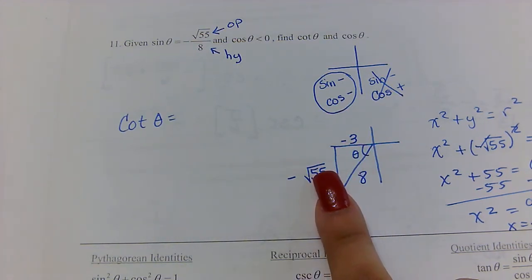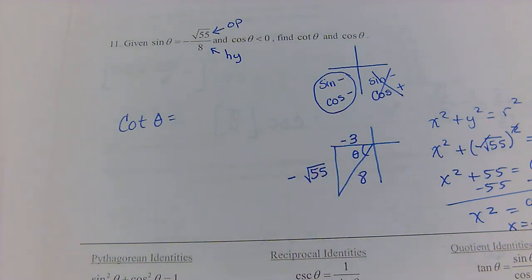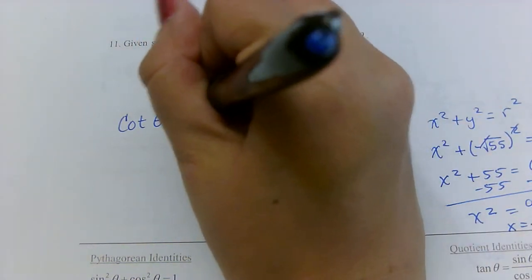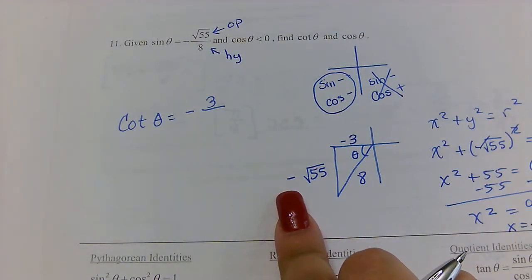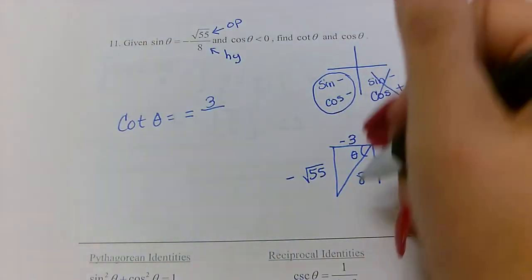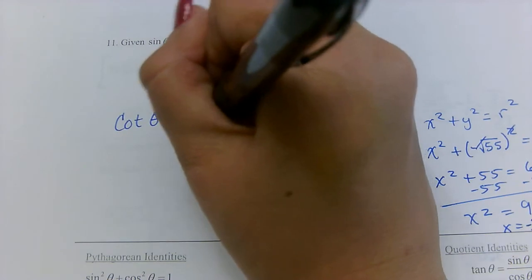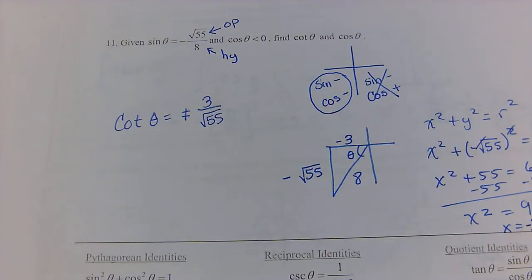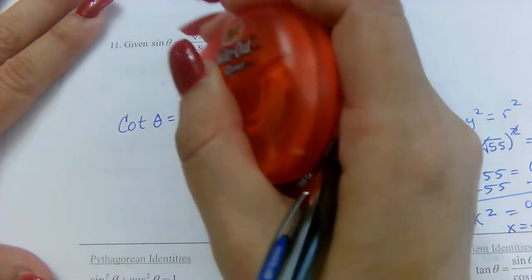So here we are going to have negative 3 over negative square root of 55. These two negatives actually make it a positive. Okay, so we're going to have a positive value here.